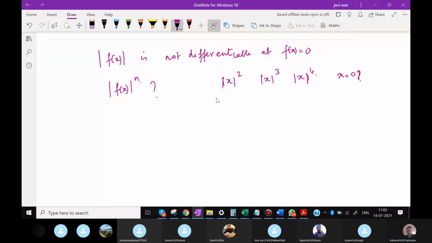These functions would be of the type x square and minus x whole square, which would be x square and x square. This would be x cube and minus x cube. This would be x to the power 4 and minus x to the power 4, which is x to the power 4, and so on. So this is on the positive side, this is on the negative side.